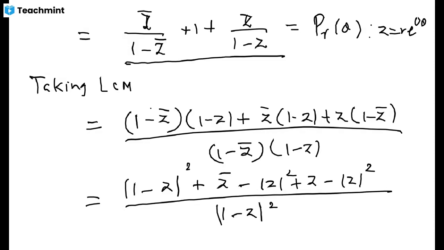So you further see this 1 minus mod z square is something that you can further simplify.